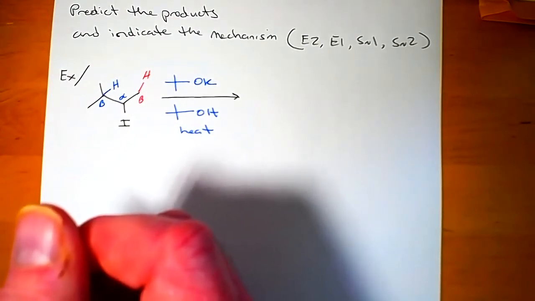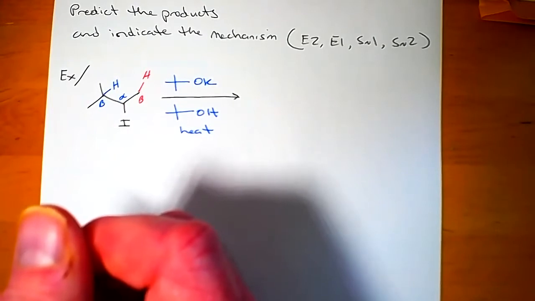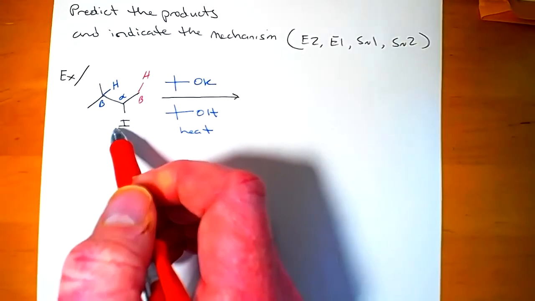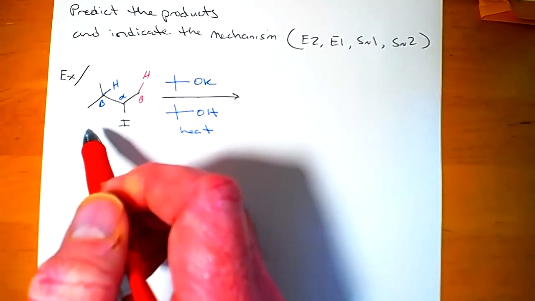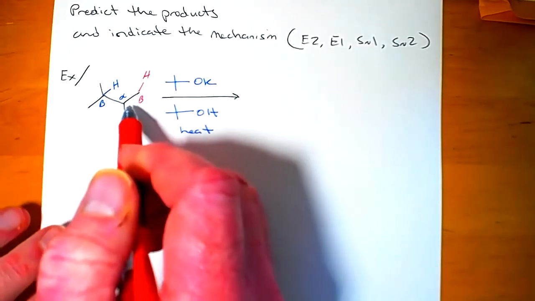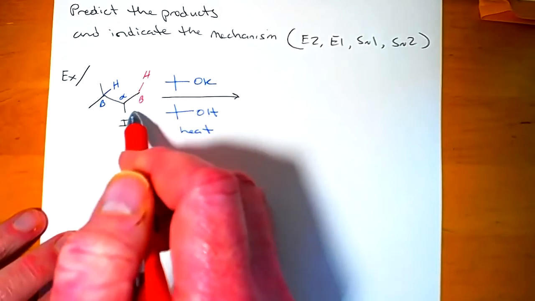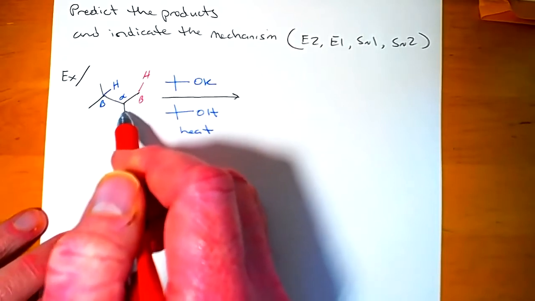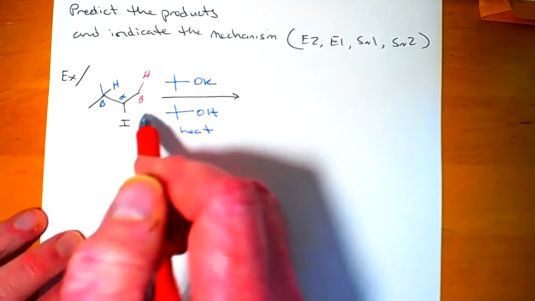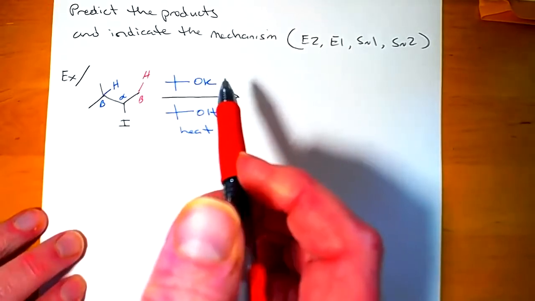But considering this, are there sterics associated with the system? And I would say, yes, there is sterics in the system because you have a lot of groups surrounding that iodide. So this is a sterically hindered compound.